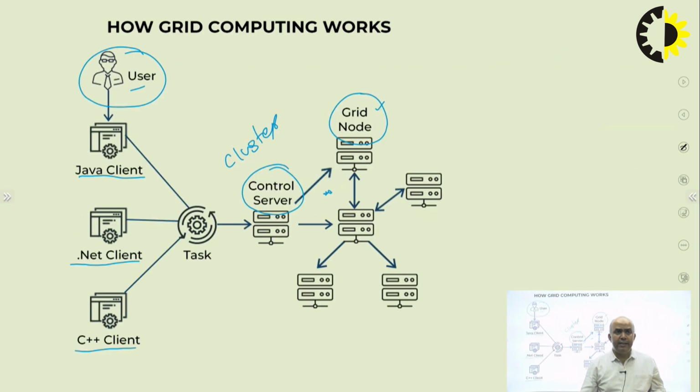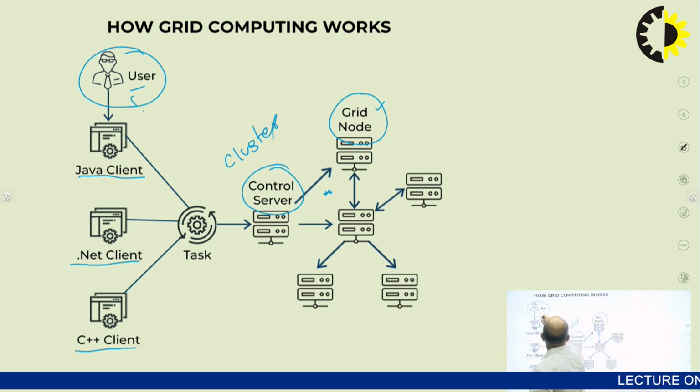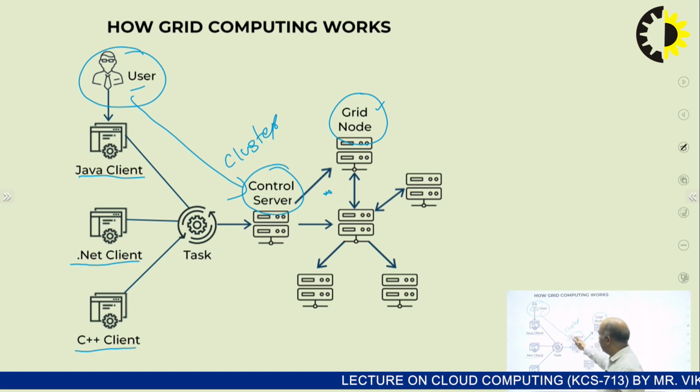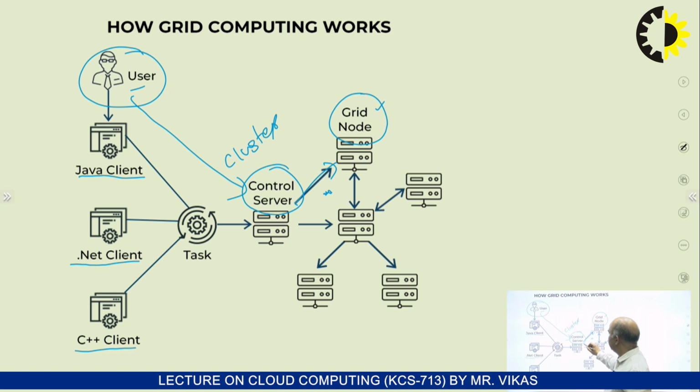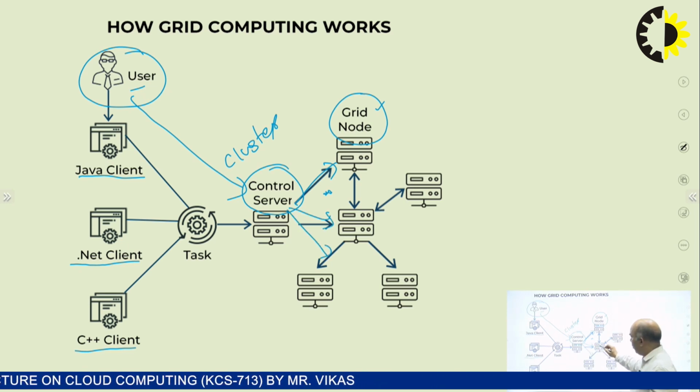So here the user gives the query to the control server. This control server will transfer the request to the grid nodes, and they transfer it further on to certain nodes, which execute those instructions in parallel.